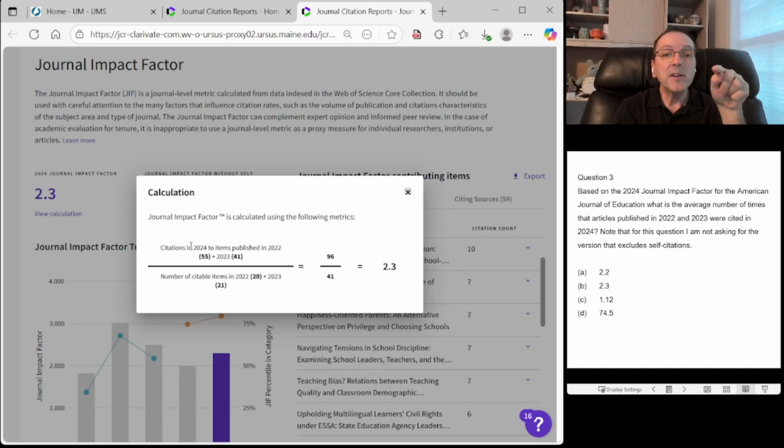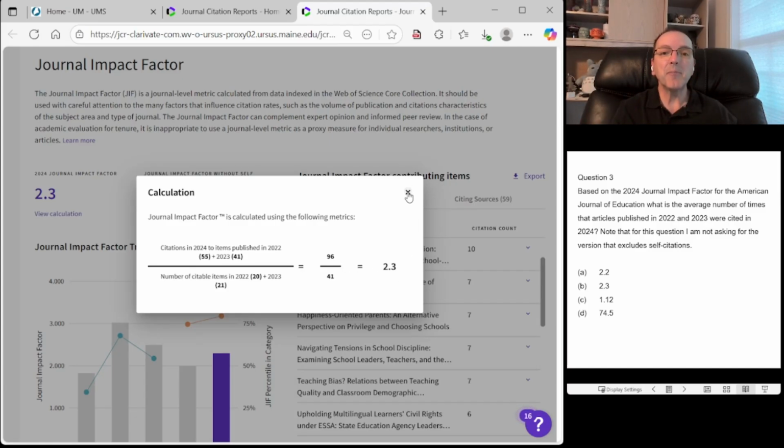And the number of citations in 2024: well, the 20 from 2022 were cited 55 times, and those 21 from 2023 were cited 41 times. So it's a total of 96. So those 41 articles published in 2022 and 2023 were cited a total of 96 times in 2024, which gives you an impact factor of 2.3.